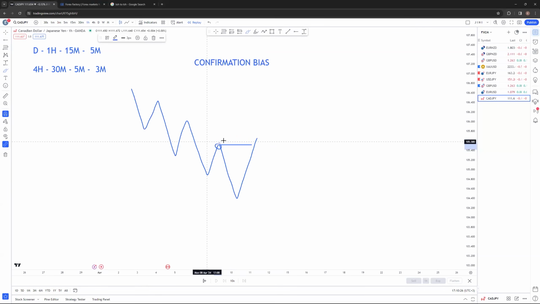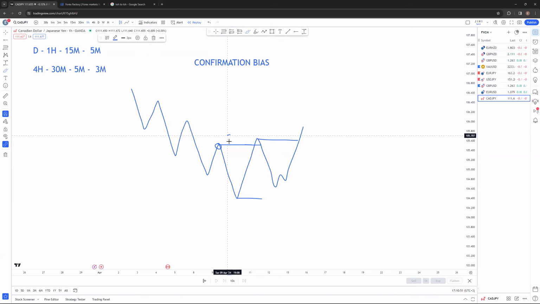After the change of character, we don't enter after seeing this change of character. What we have to do is wait for the price to create another structure, a new formation.